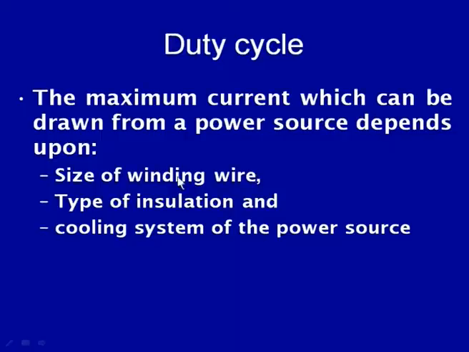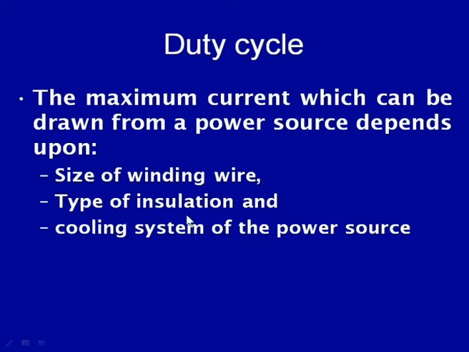If the size of the wires is big, then the electrical resistance for the flow of current will be low, which in turn will lead to lesser electrical resistance heating. The reduced heating will allow a higher duty cycle, and it will have the greater capability to draw more current for longer duration.